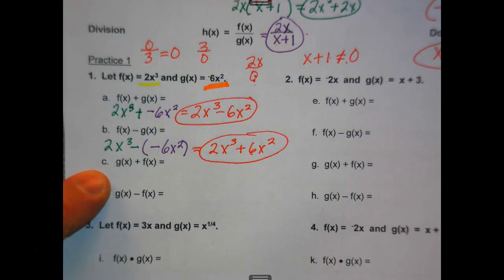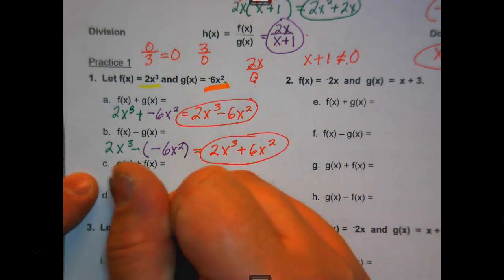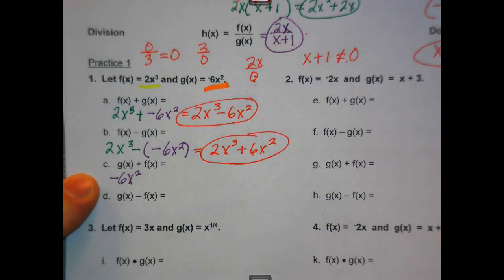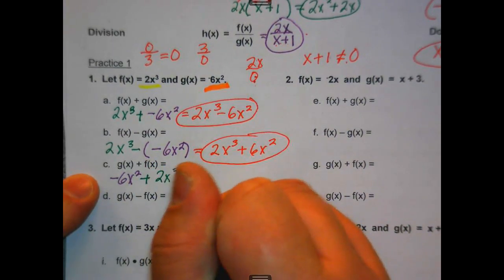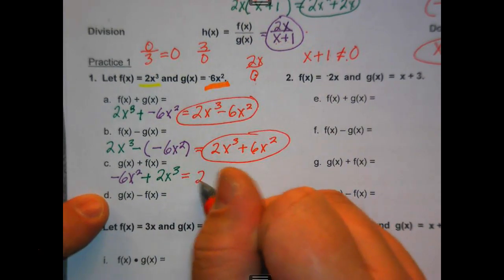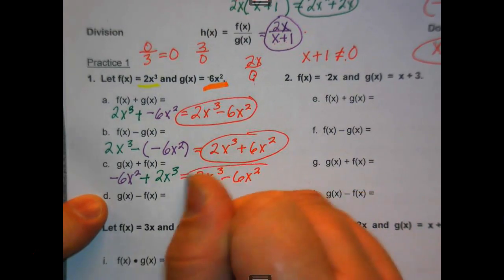G of x. G of x is negative 6x squared plus the f of x, which is 2x cubed. It's the same thing as up there, right? 2x cubed minus 6x squared if we put it in standard form.